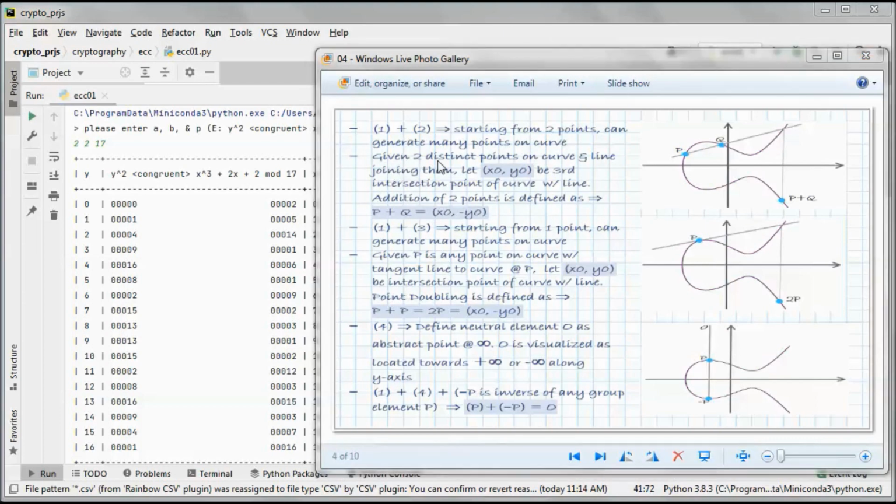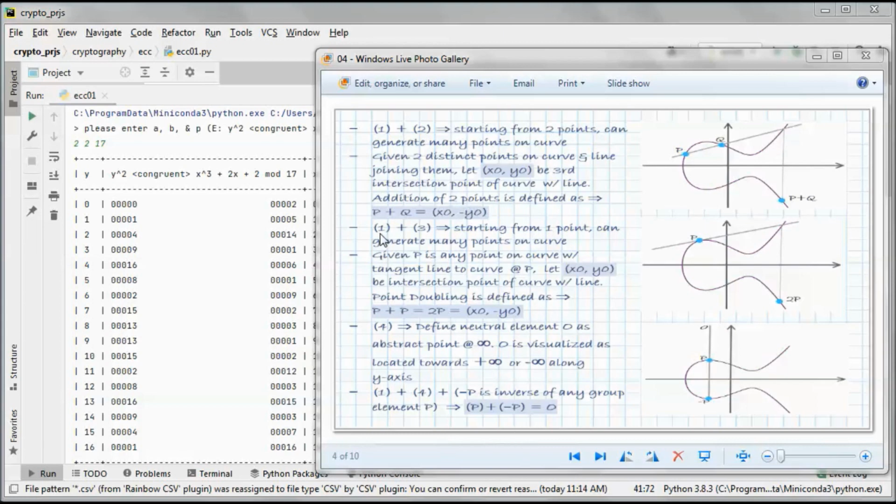So given 2 distinct points on the curve and a line joining them, let x0, y0 be the third intersection point of the curve with the line. Now addition of 2 points is defined as P plus Q, which is x0, minus y0.